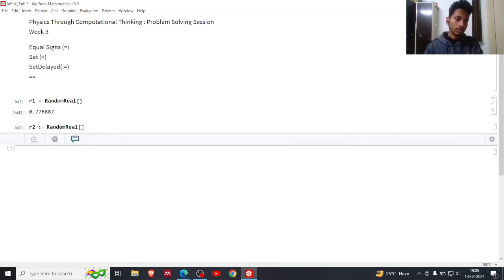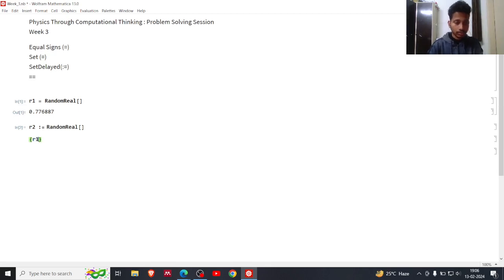Here you can see that it is not giving us the value of R2, as only when we call R2 will the function be evaluated, but R1 is already assigned 0.776887. Let's call them again, R1, R2.